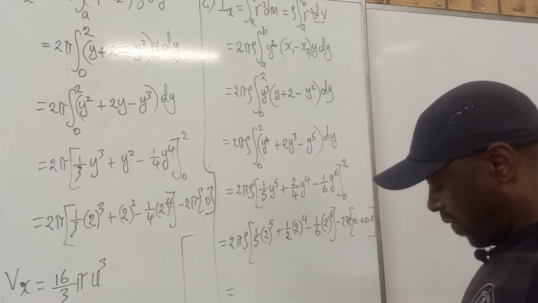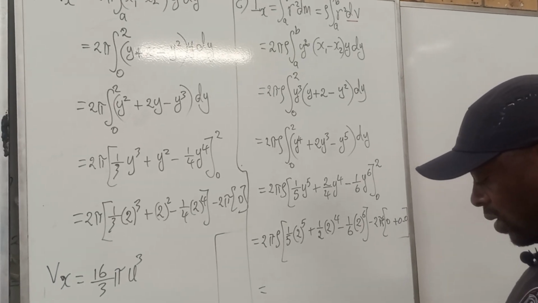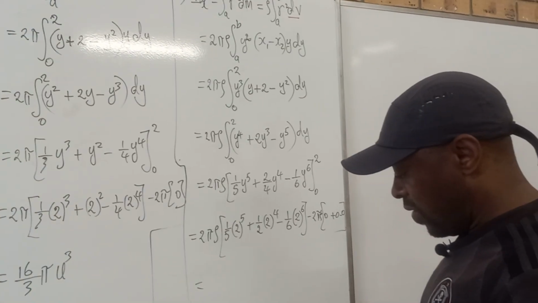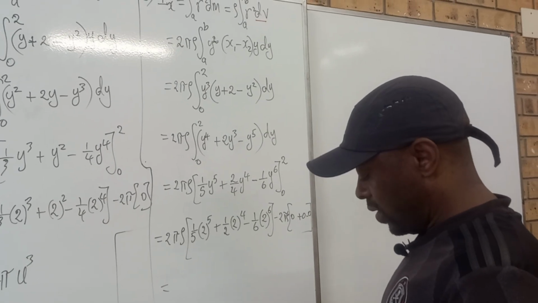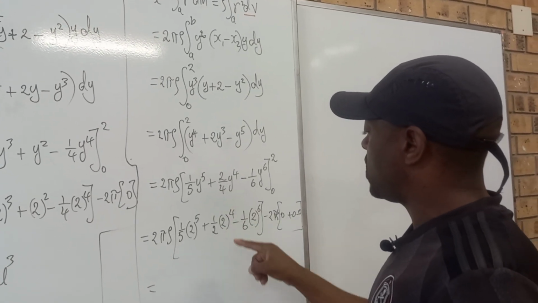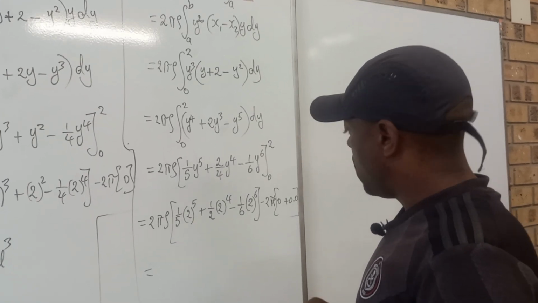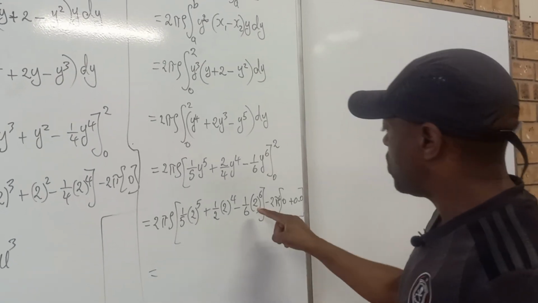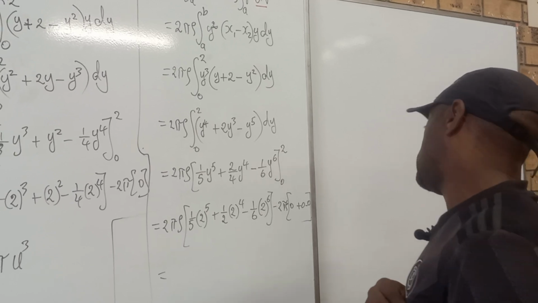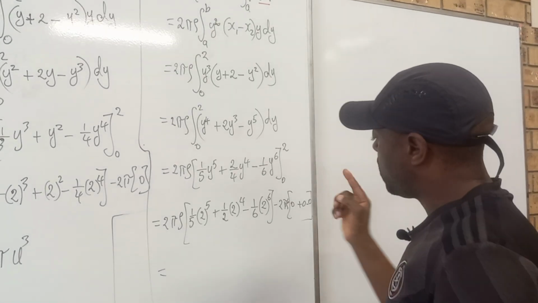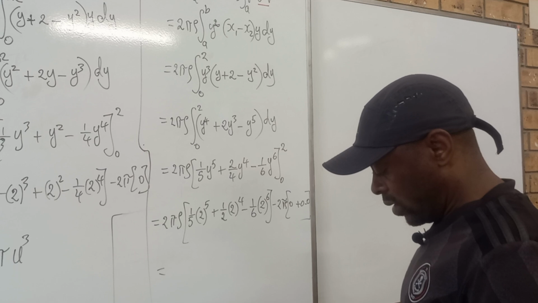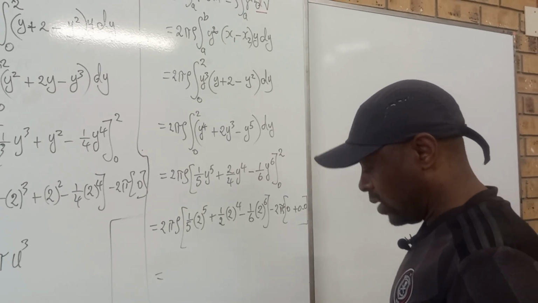So 2 to the power 5 is 32, so I get 32 over 5, then plus 2 to the power 4 is 16, 16 times a half is 8, then minus 2 to the power 6 is 64, so I get 64 over 6.